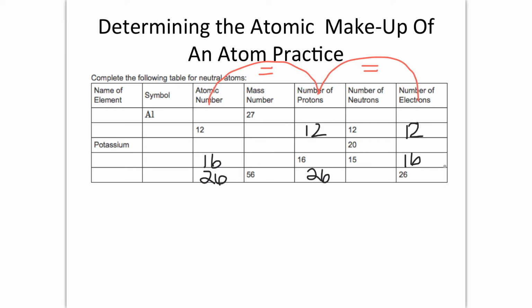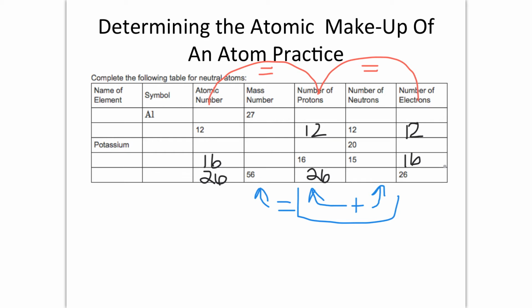Okay, so let's look at the next relationship. We know that the protons plus the number of neutrons equals the mass number. So this part right here equals that box. So these 2 columns added up, here and here, have to equal the number in this box here.